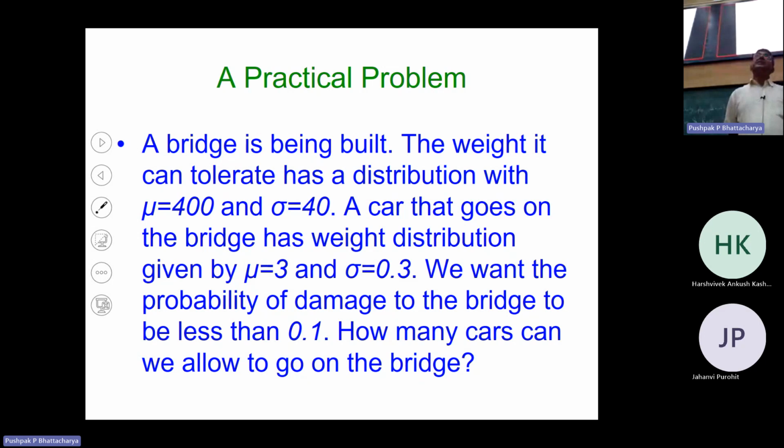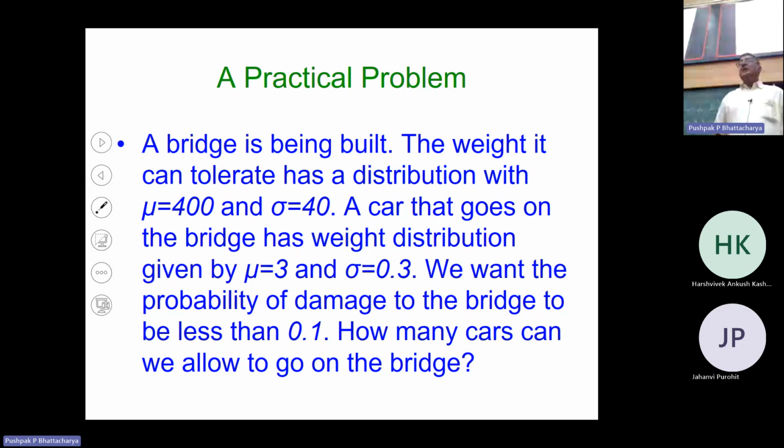If it is not normally distributed, then what will you do? You will have to resort to the central limit theorem. I don't care if it is not normally distributed, but if the number of observations crosses a threshold, typically 30, then the normal distribution is a good approximation for the underlying distribution. So that's called the central limit theorem.